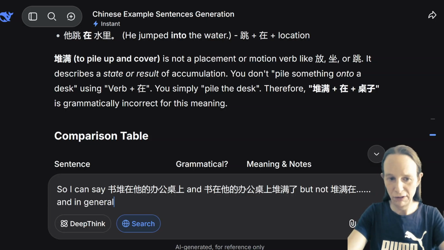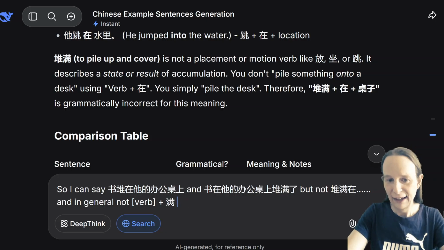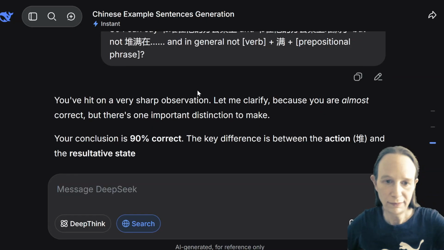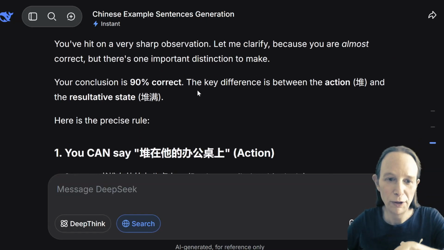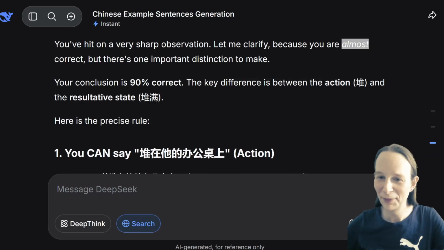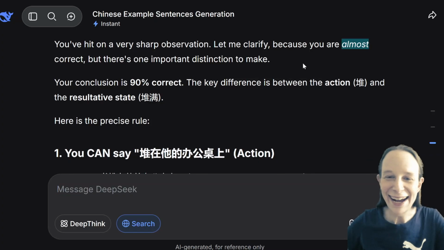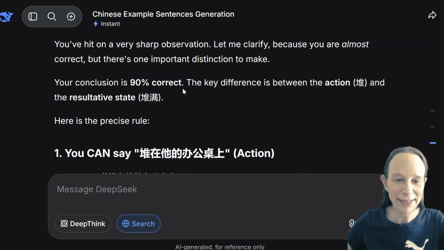And in general, not verb plus 满 plus prepositional phrase. Almost correct. Almost correct means I'm completely wrong by AI standards. 90% correct.